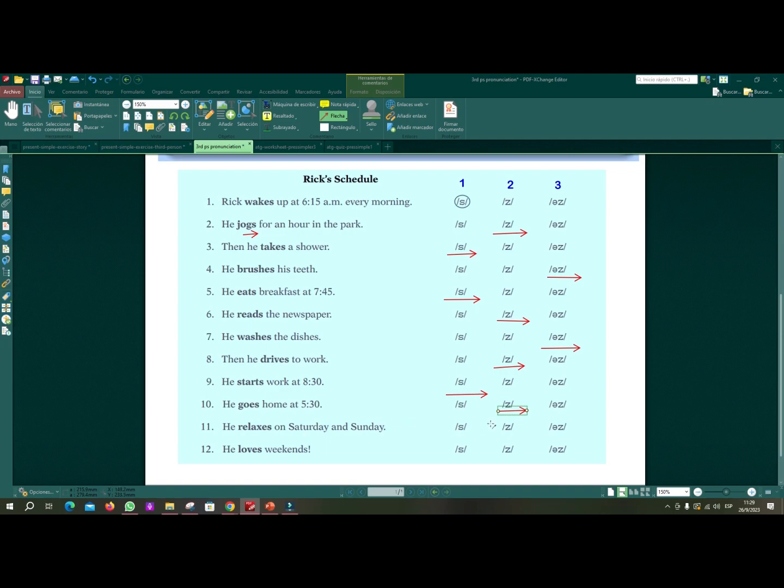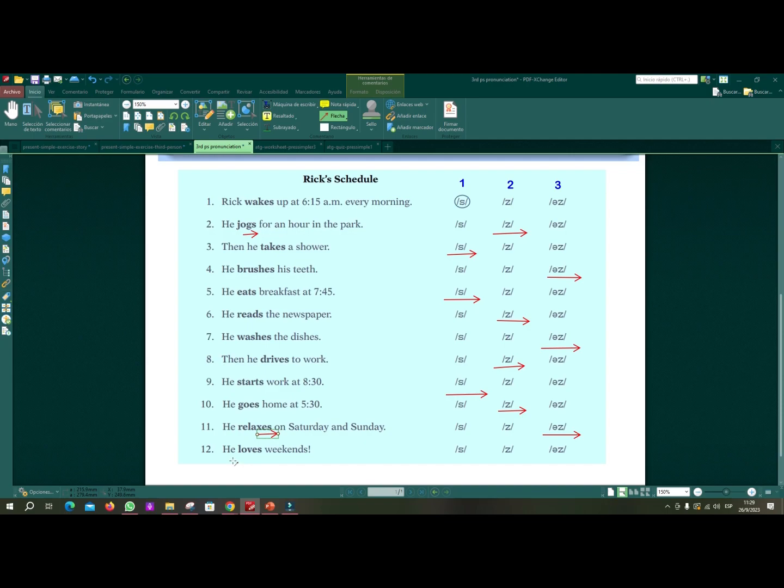So, word, goes, right? 11, he relaxes on Saturday and Sunday. So here we have relaxes, right? So that will be the pronunciation for that.